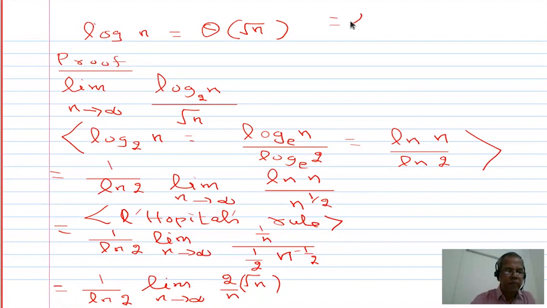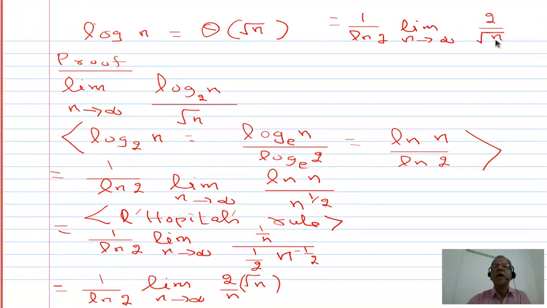This is 1 by ln 2 times the limit as n tends to infinity of 2 by square root of n. Now I know this is 1 by ln 2. Substitute infinity for square root of infinity, that would be 0.